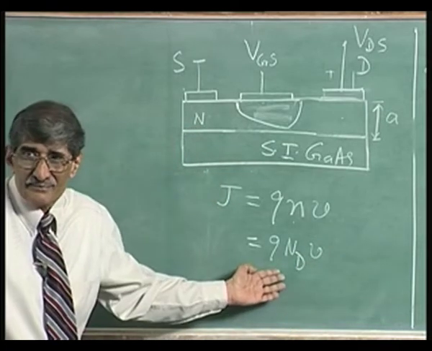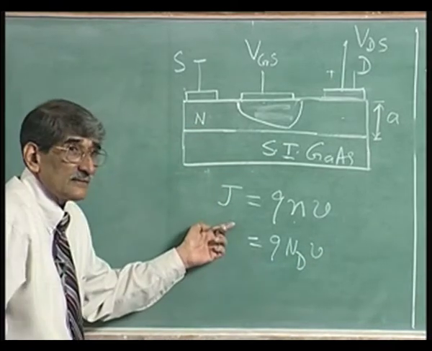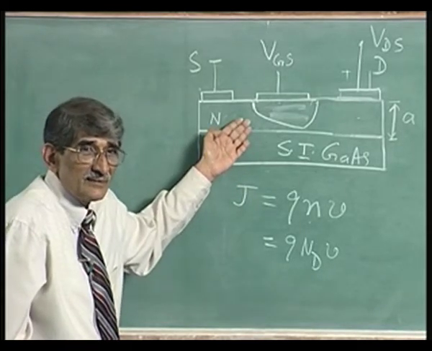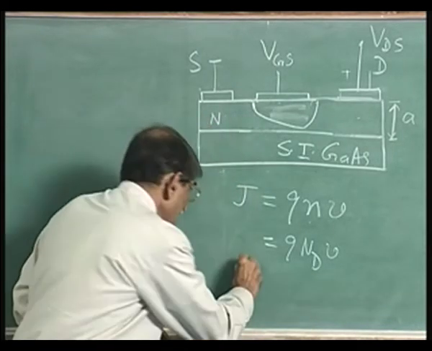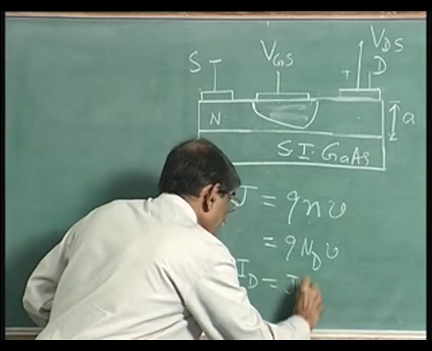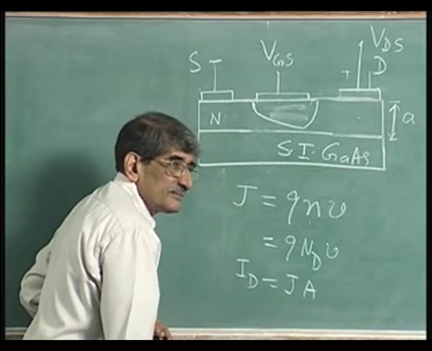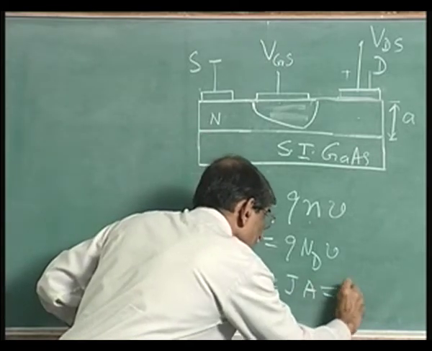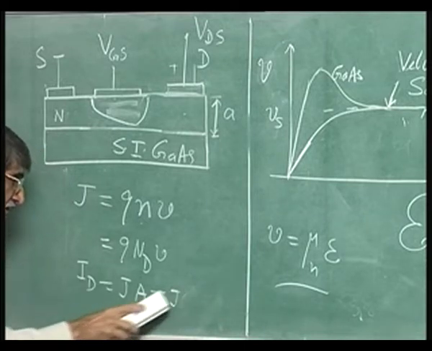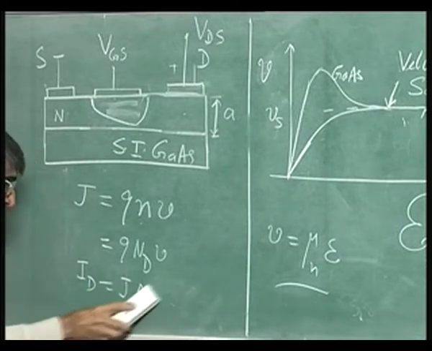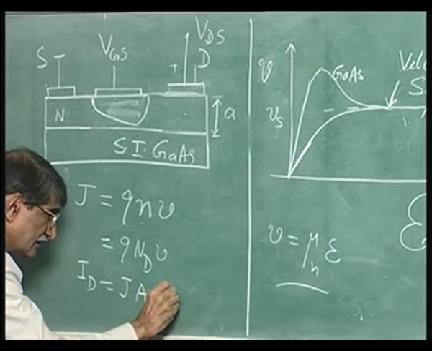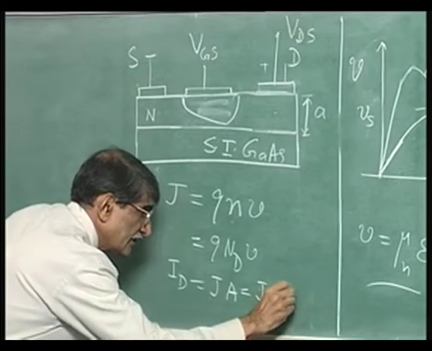This is current density, but in the physical device it is the current that we are talking of. Current I d is J into area, and ultimately we are really supposed to use J into W into (a minus h).